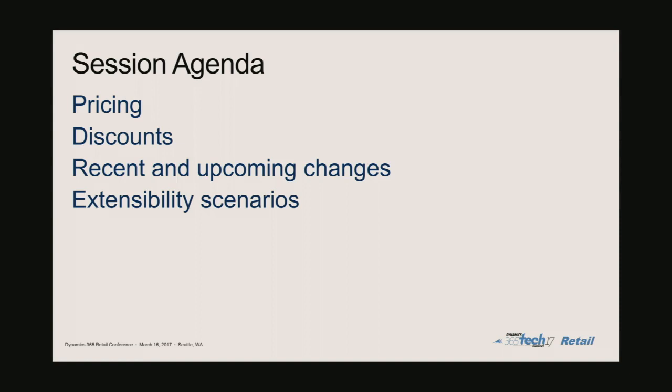And then related to some of the upcoming changes, I want to talk to you about the extensibility scenarios. On the technical side, they did some deep dive on this, but from the functional side, I want to validate some work we're doing.